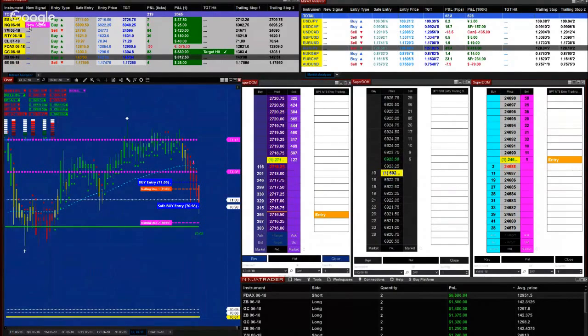The new signal on the NASDAQ is the entry is 69.2225. And the target is 69.4875.